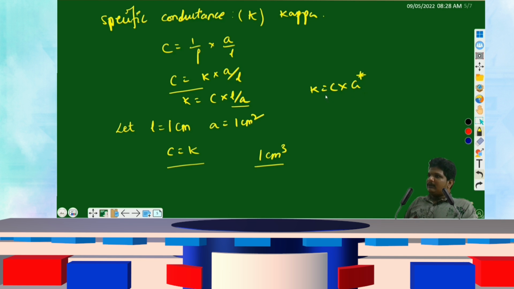It means specific conductance depends upon both the conductance as well as the distance between the two electrodes, that is, the dimensions of the electrode. So this is about conductance, specific conductance and cell constant.